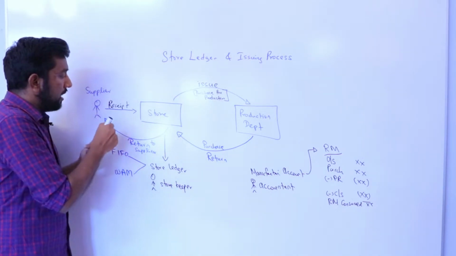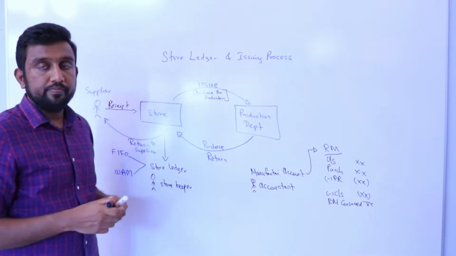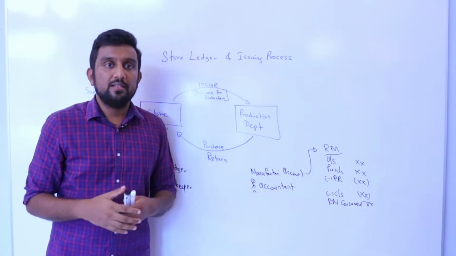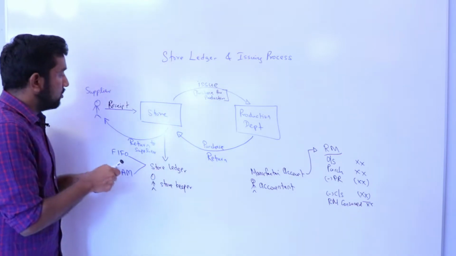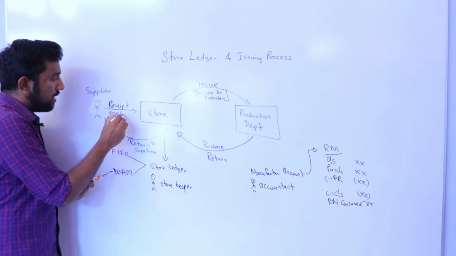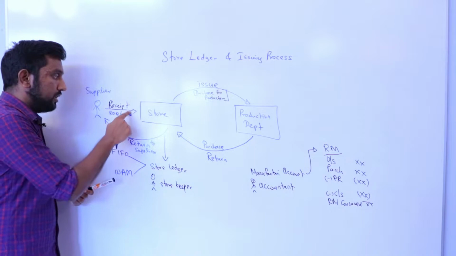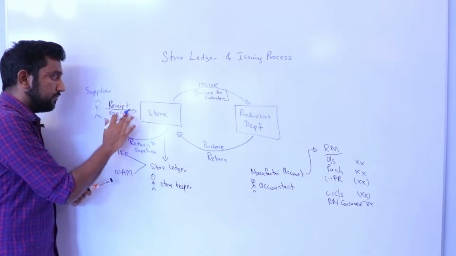We will have 3-4 orders here purchased by the store, and that is what we call EOQ or reorder quantity. In the question they may ask you to find the EOQ or reorder quantity using the store ledger as well.